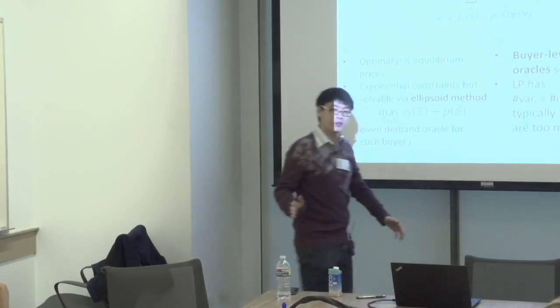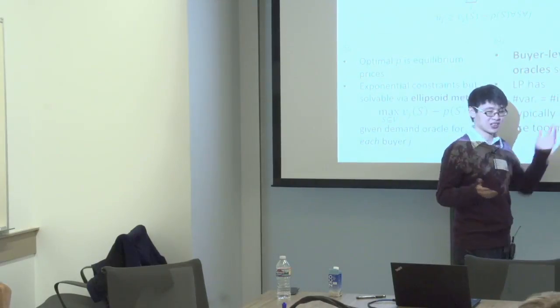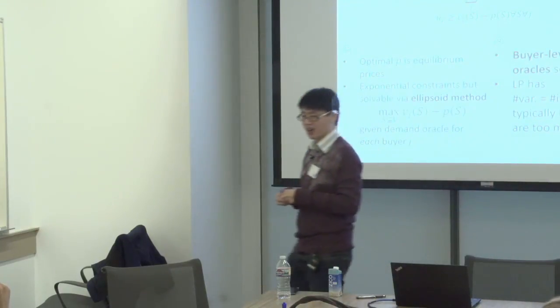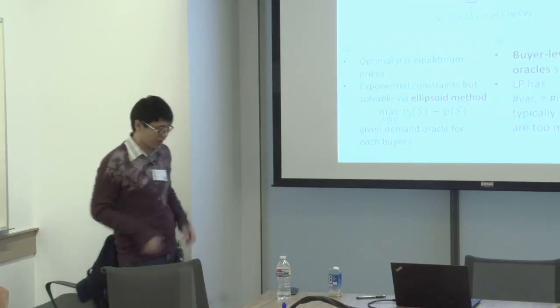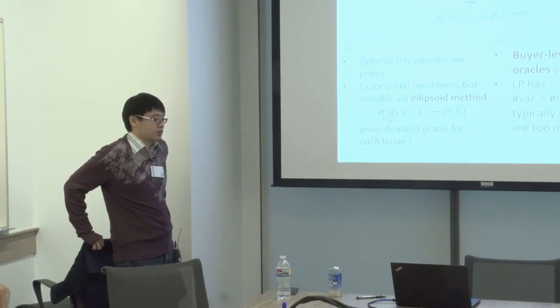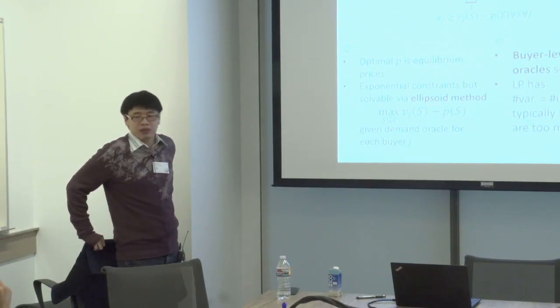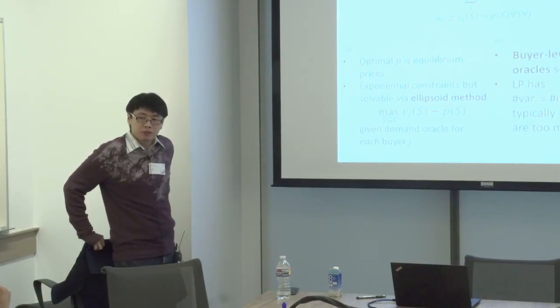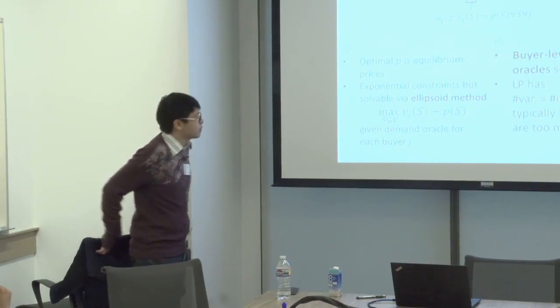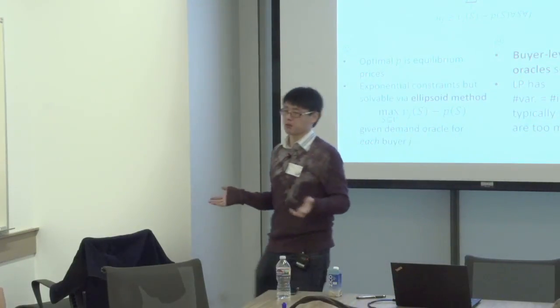So the total number of variables is going to be the sum of the number of items and the number of people. From an algorithmic perspective, this is not that satisfactory because we have 7 billion people on the planet. Relatively, we don't have that many types of items. So algorithmically, the dimension of this LP is going to be very huge.